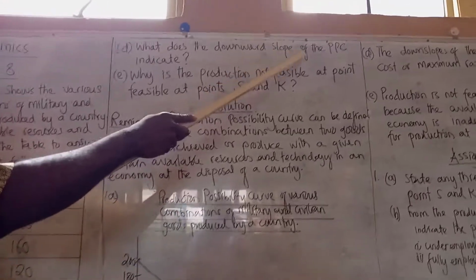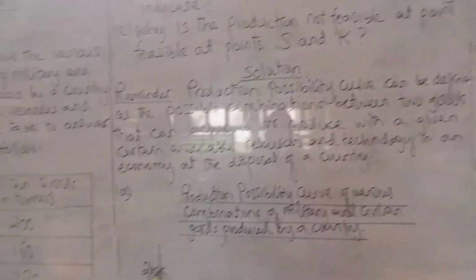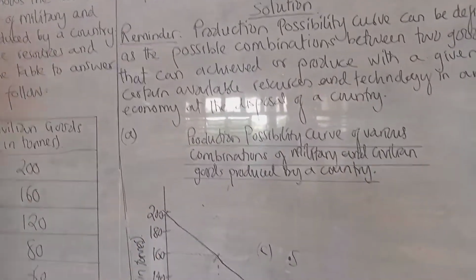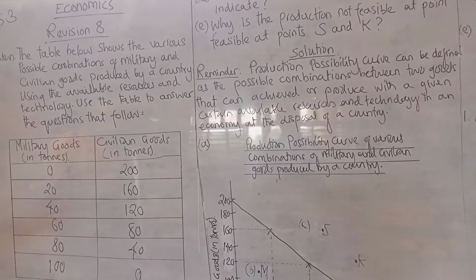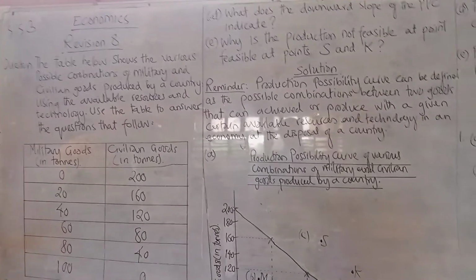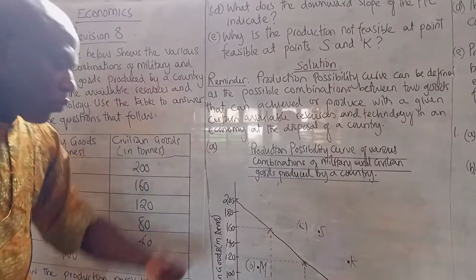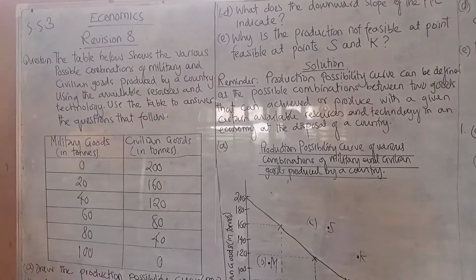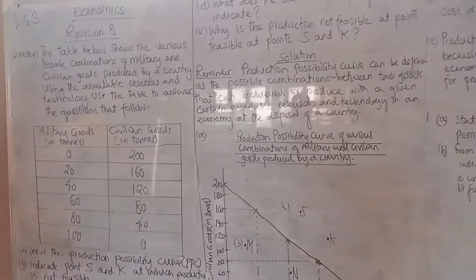Now let's look at D. What does the downward slope of the PPC indicate? It reminds you of your normal demand curve, which is inversely related: as the price goes up, quantity demanded falls, or as price comes down, quantity demanded increases.